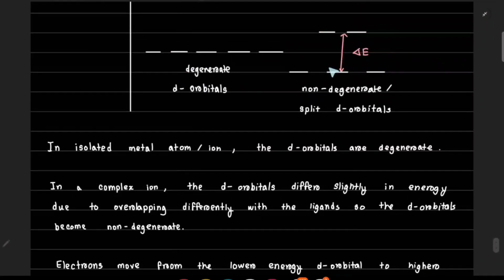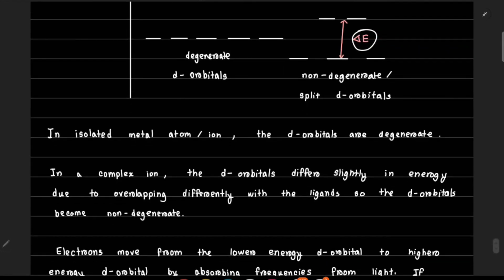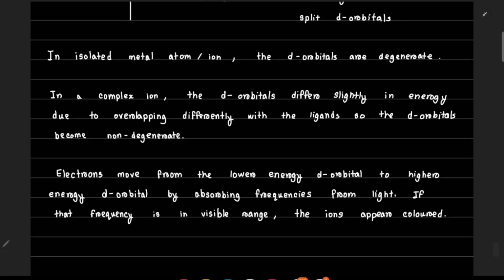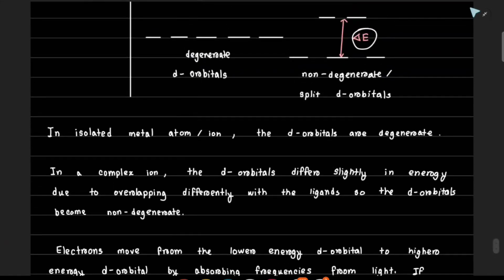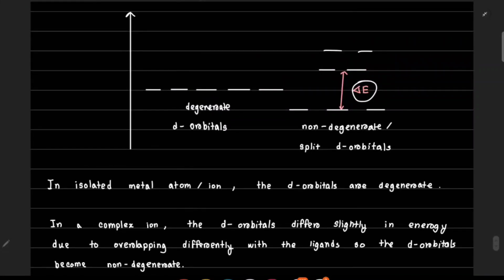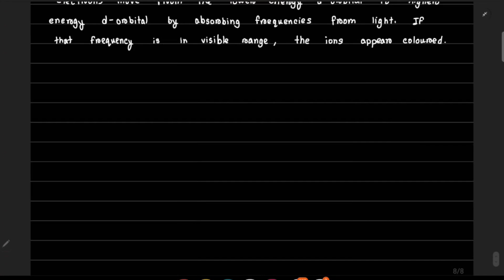Now when light falls on it, due to the energy gap, specific frequencies of light are absorbed, and if that is in the visible range, the ions appear to be colored. Now if the ligand is stronger, the energy gap becomes larger, so the color changes.